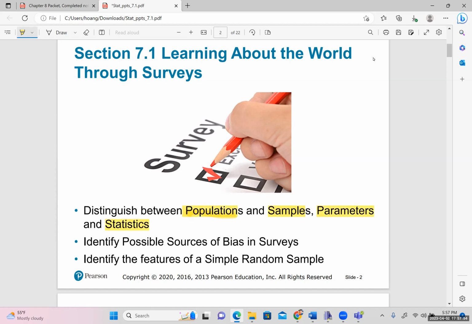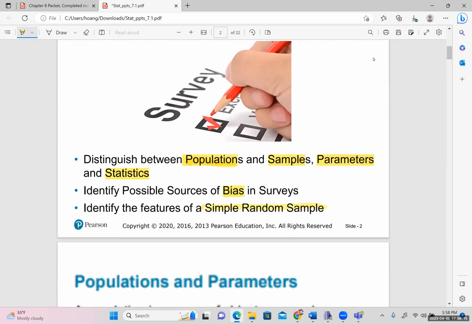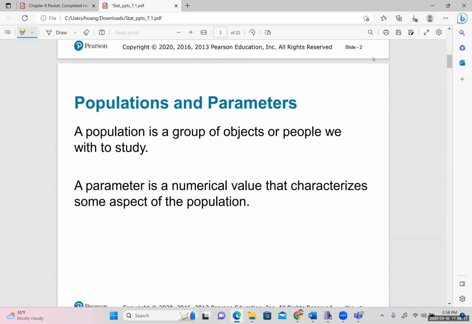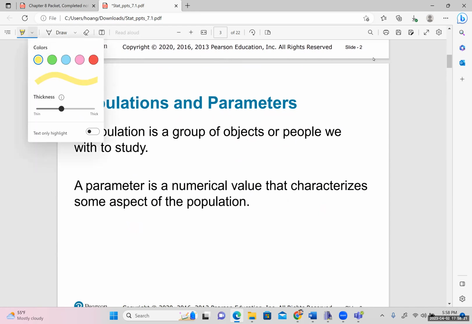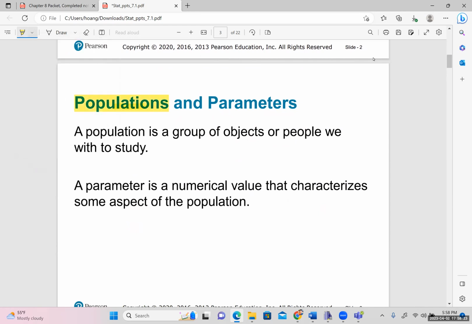And then we identify the possible sources of bias in surveys. We want to identify the features of simple random samples. All right, so let's get in. Let's start with populations and parameters.